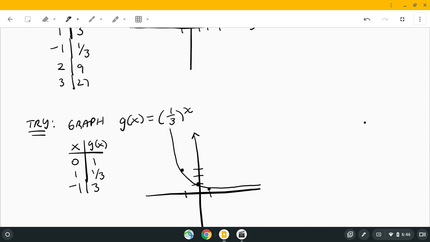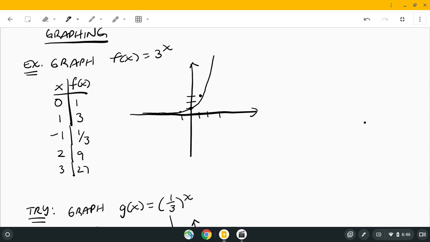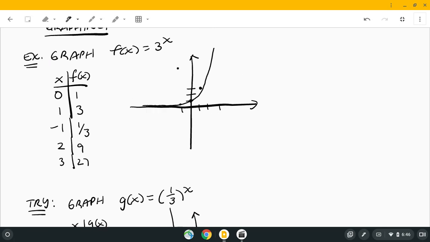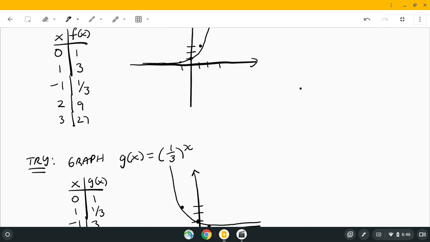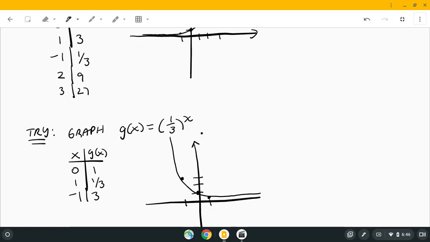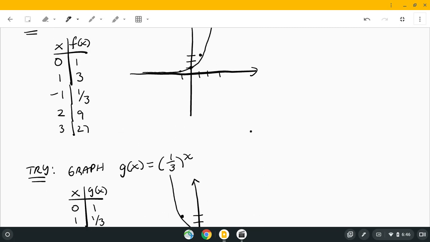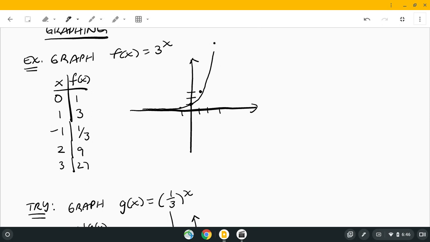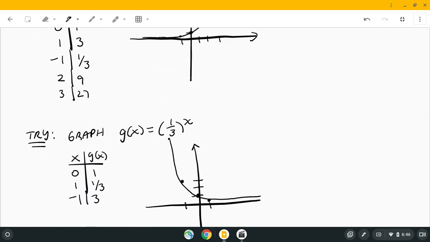We had 3 to the x, and our graph was increasing from left to right. This is exponential growth. Over here, we had 1/3 to the x, and our graph was decreasing from left to right. So we have exponential growth over here, and here we have exponential decay.